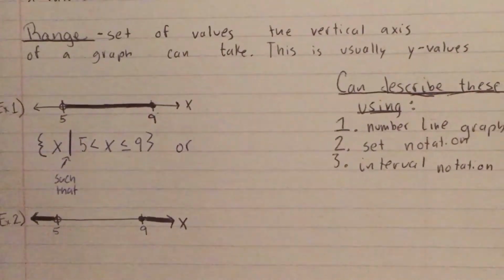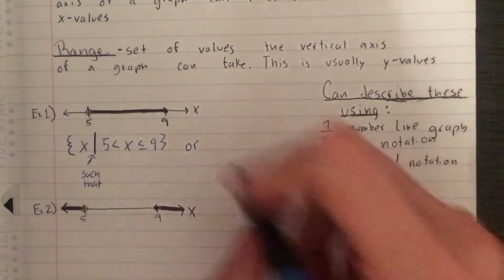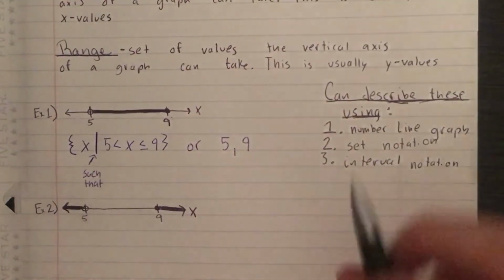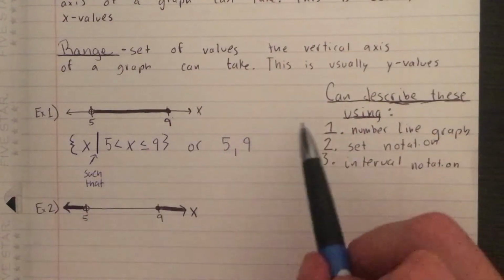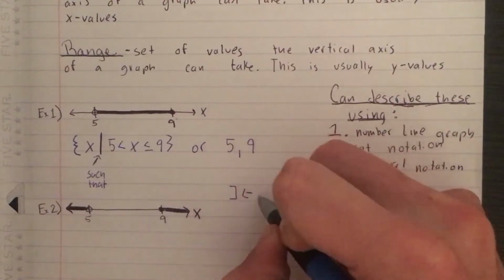Now, interval notation, the only things we use, we're going to say, okay, well, it goes from 5 to 9, but we need to write the symbol. So you're going to use a bracket if it's included.